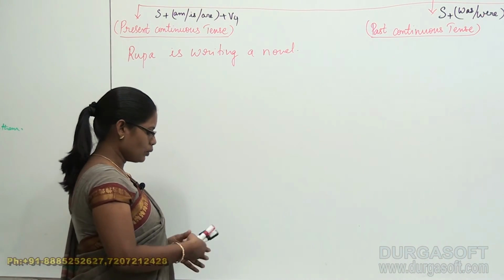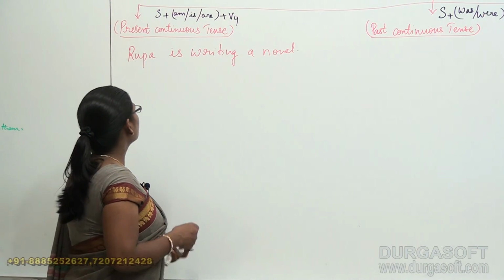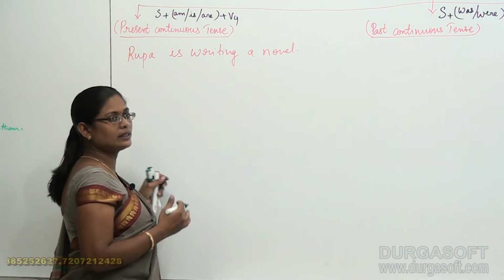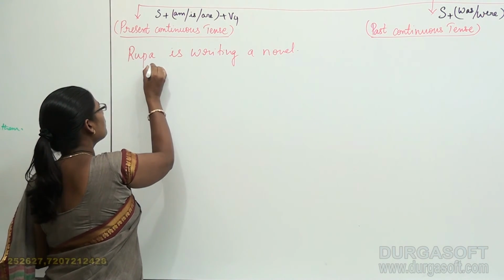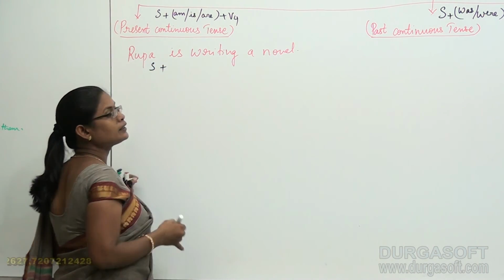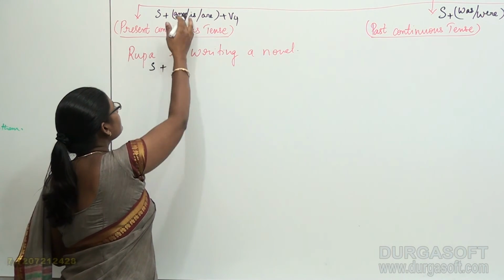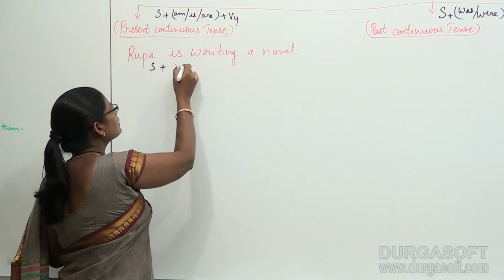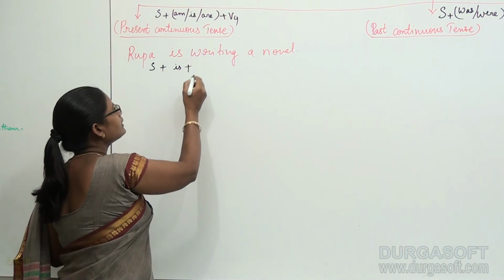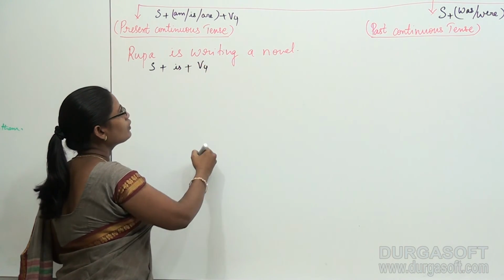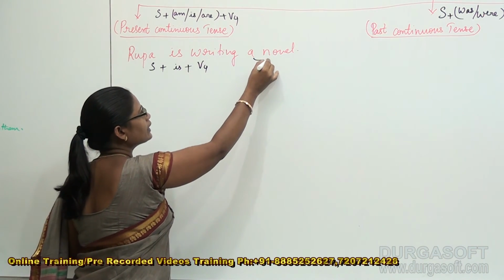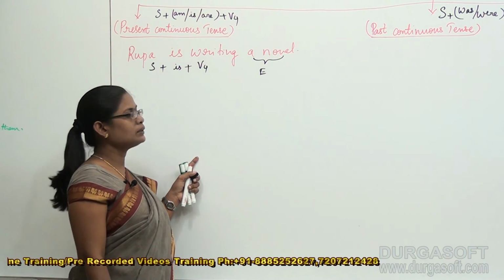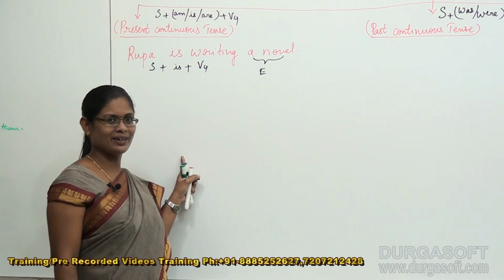Okay, so when we split the sentence according to the structure, Rupa stands for the subject, is stands for is, writing stands for V4, and a novel is the enlargement of the sentence, as we discussed earlier, right?